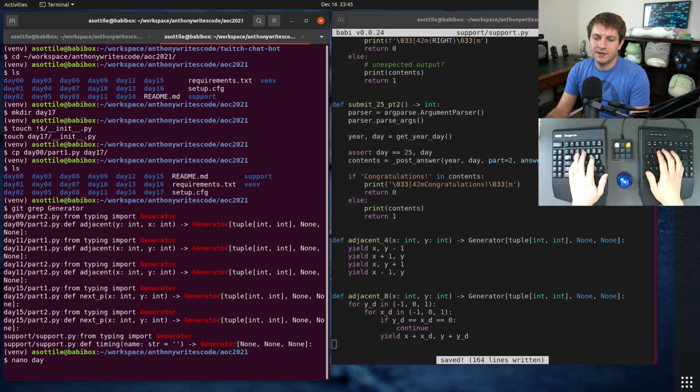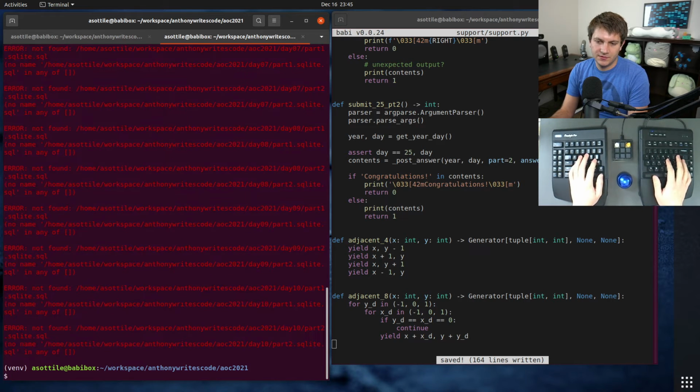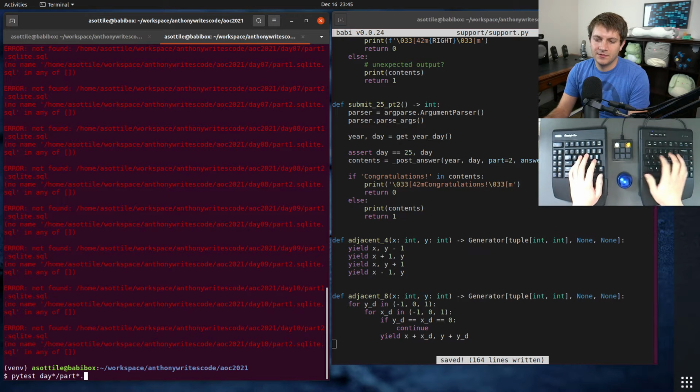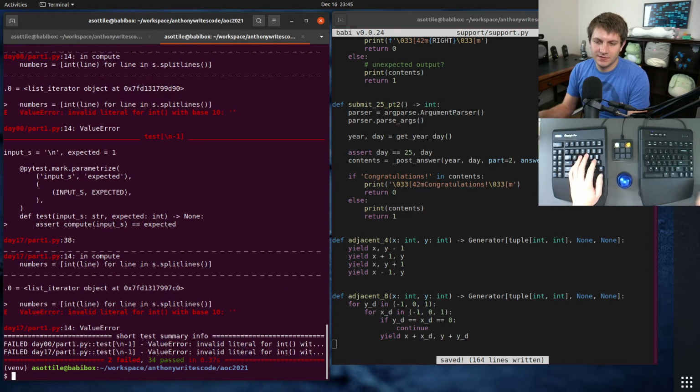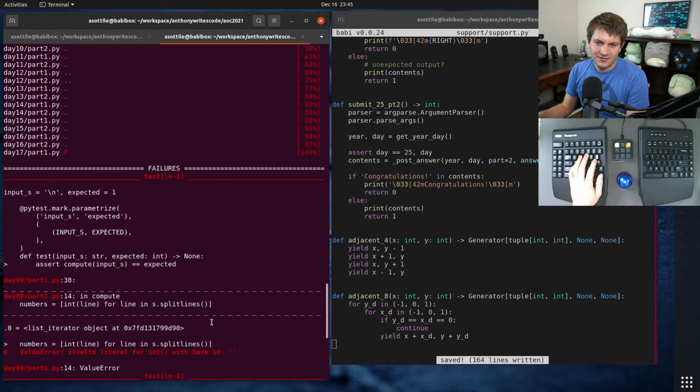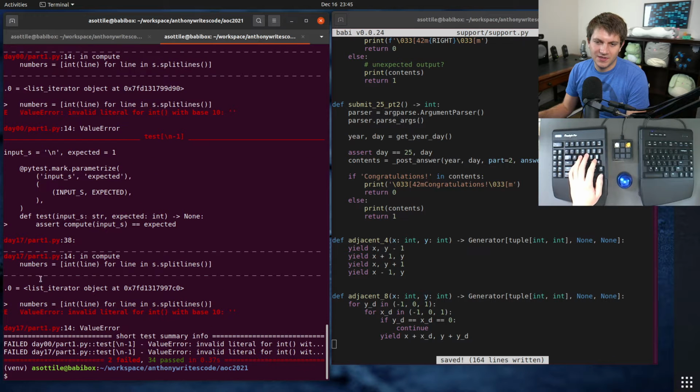So I kind of liked that part about it. All right, let's see, can I do this? Does this work? Star.py. Can't PyTest on SQL files? Oh, except for day 0.